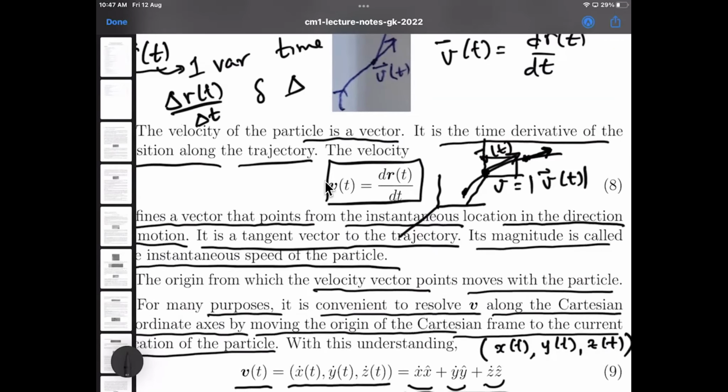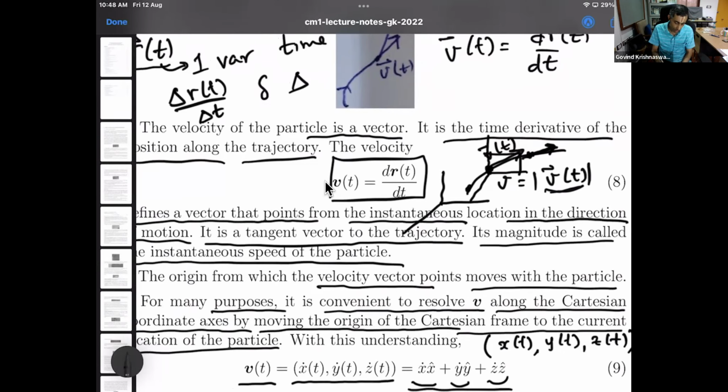Oh, so you are changing the origin with the location of the particle. Yeah. So what I said up to now concerns only the origin. Okay. So far, in the past two sentences, it's only about the origin. Furthermore, if you want to resolve this vector into components, okay, often we like to work with components, XYZ components. For that purpose, what should we do? After all, this is some vector located here.